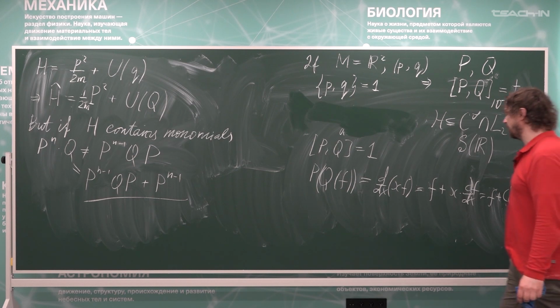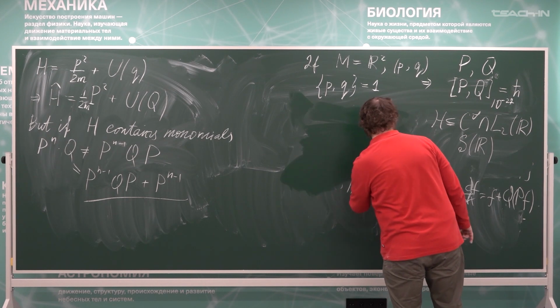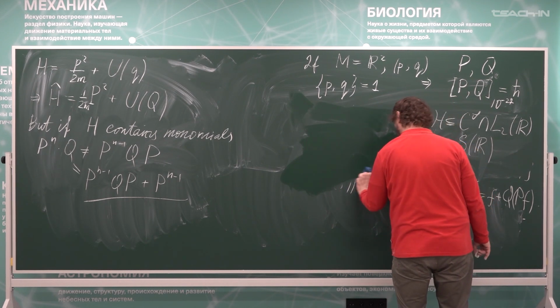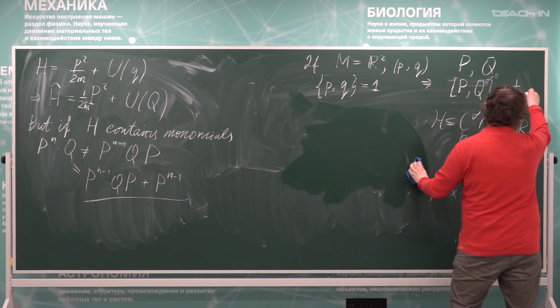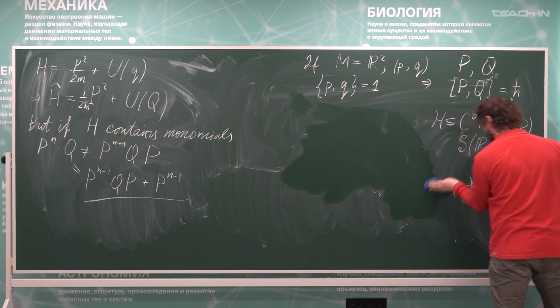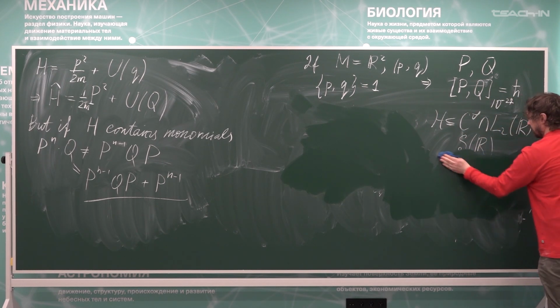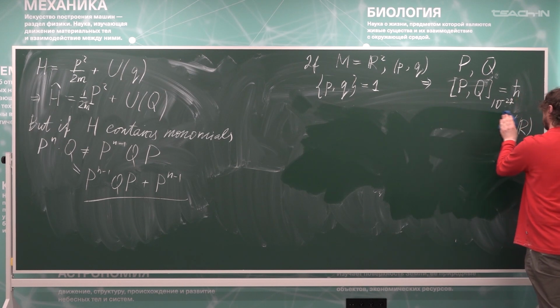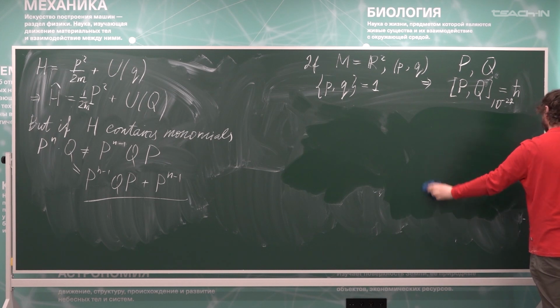So you need to work hard to give some reasonable meaning to this representation. And when you try to do this, you will observe very quickly that this pair of operators P and Q, which verify this kind of commutation relation, can never be taken to be continuous in the sense of analysis.